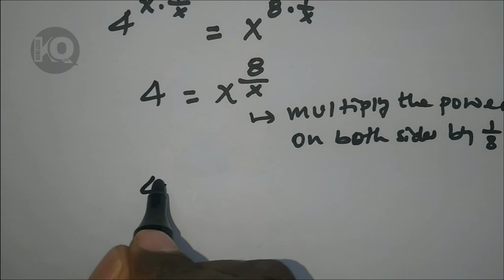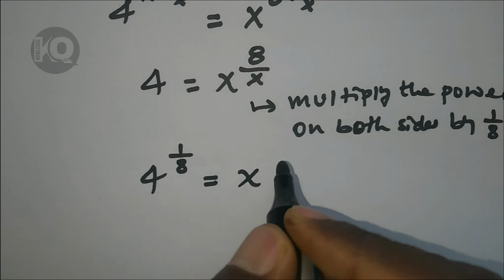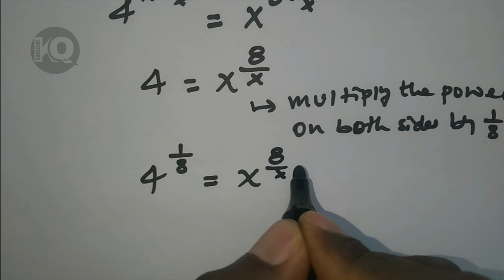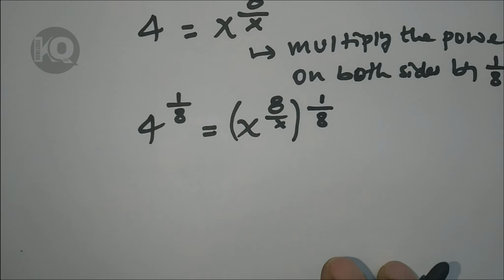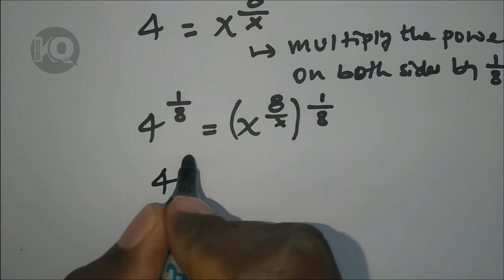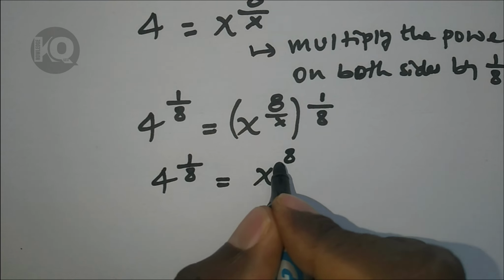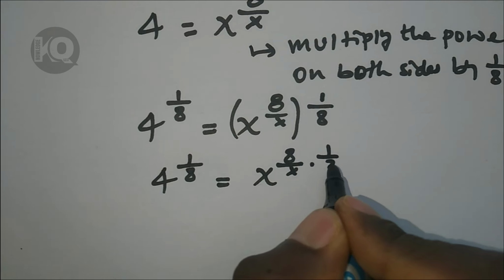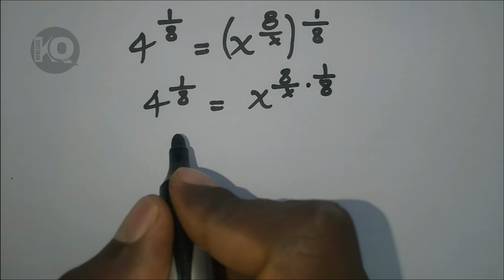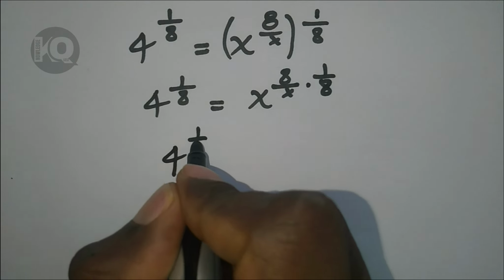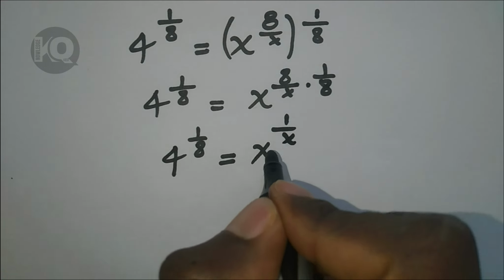So this will be 4 raised to 1 over 8, which equals x to the power of 8 over x times 1 over 8. Now this 8 is cancelled by this 8, so this will be 4 to the power of 1 over 8 equals x to the power of 1 over x.